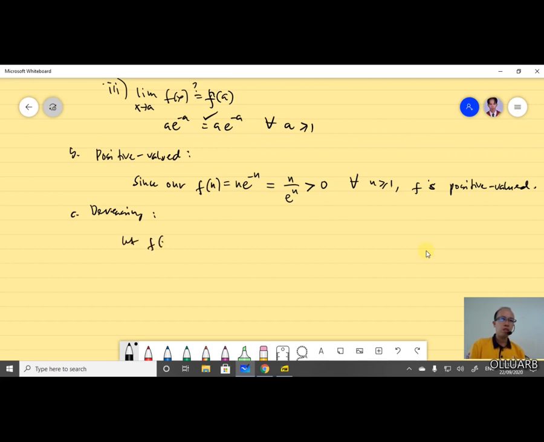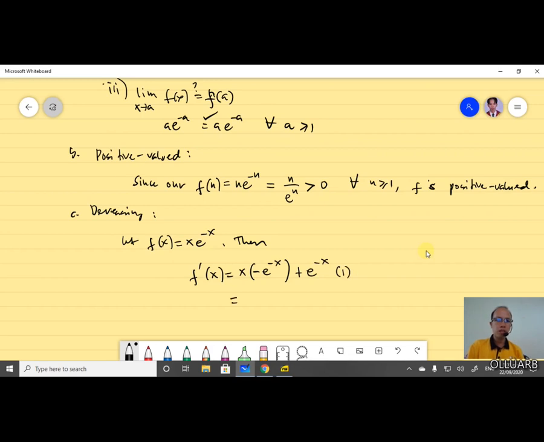Let f of x be x e to the negative x, then get the derivative. f prime of x is equal to, using the product rule, x times the derivative of e to the negative x, which is negative e to the negative x, plus e to the negative x times the derivative of x, which is 1.